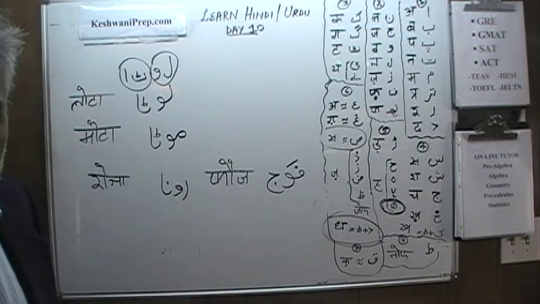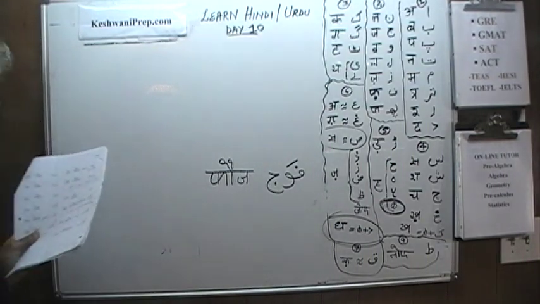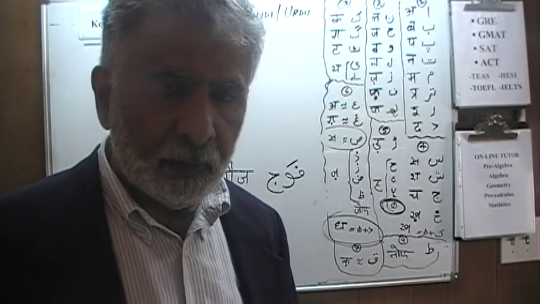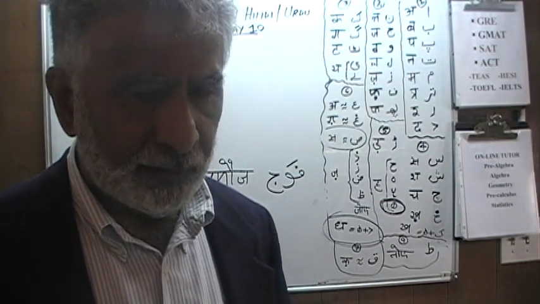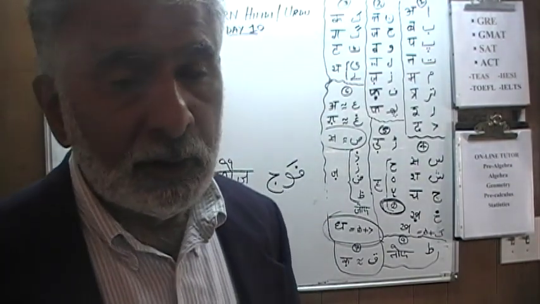Let's look at two or three of the short ones. The next three, all three of them will end with the badi ye ki matra. And since they are all going to end with the badi ye ki matra, we know that they're going to end with a choti ye.